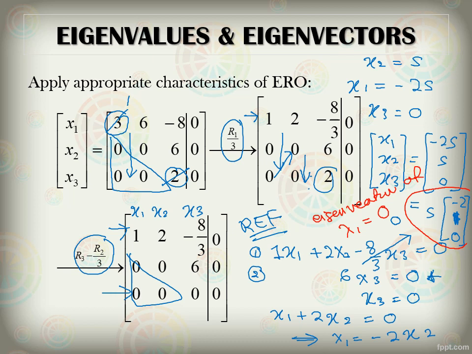So we solved for the first eigenvalue and we got the first eigenvector. Okay, so you need to repeat the same process for the second lambda and the third lambda.